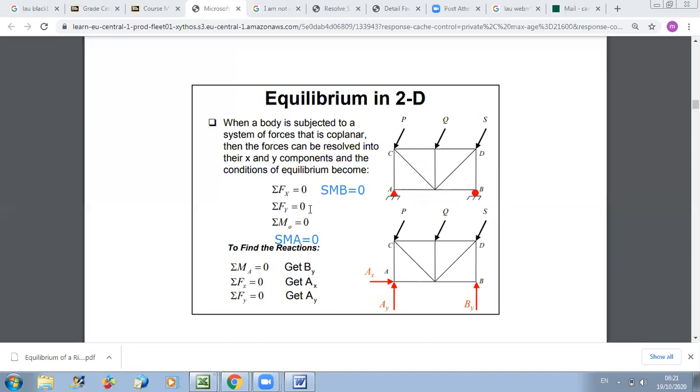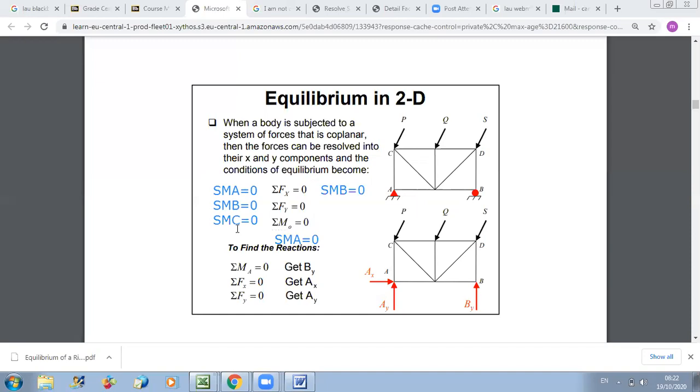You can also do 3 moment equations: sum of moment about A, B, and C equal to 0. You can choose any combination of 3 equations you want. It's up to you.